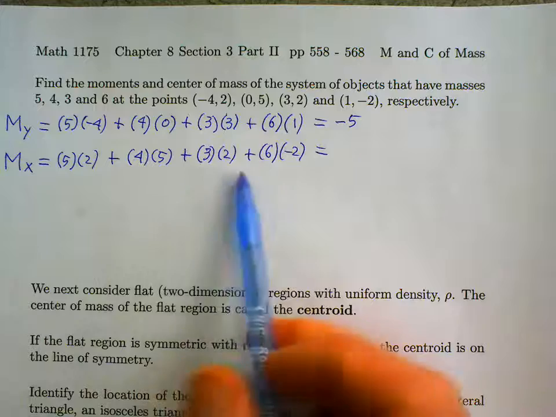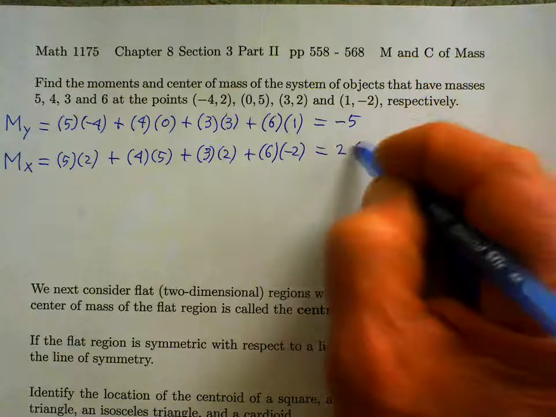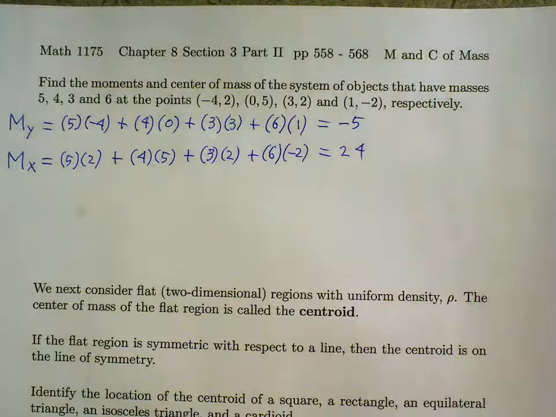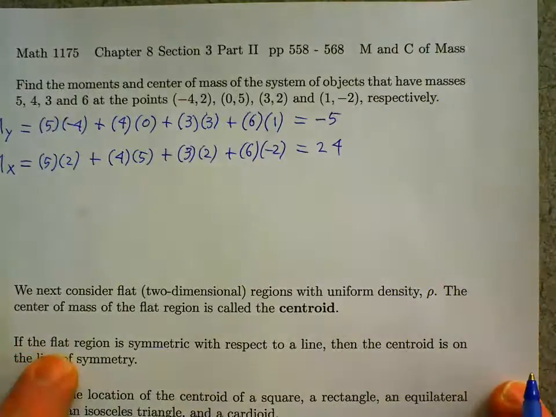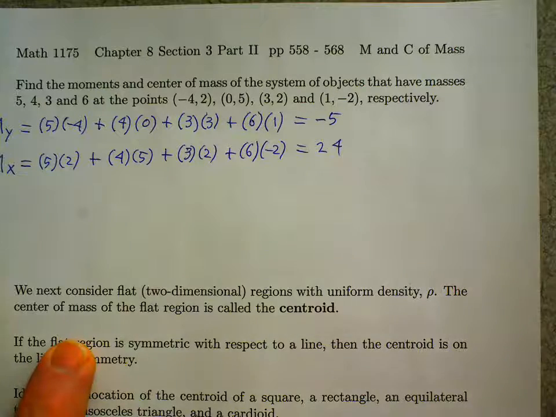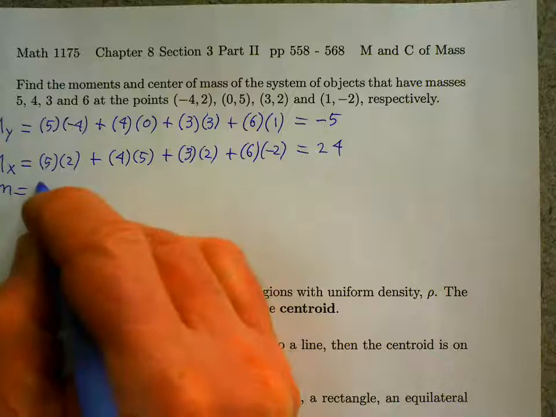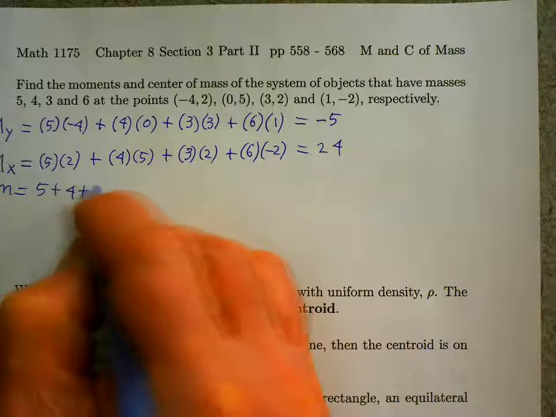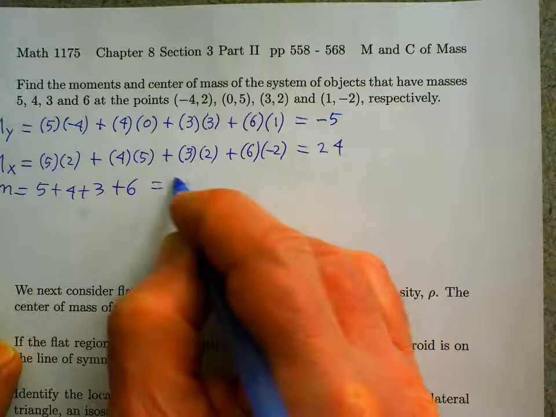Okay, 36. So this time I get 24. Okay, the total mass of the system is just the sum of the masses, 5 plus 4 plus 3 plus 6. So I get 18.